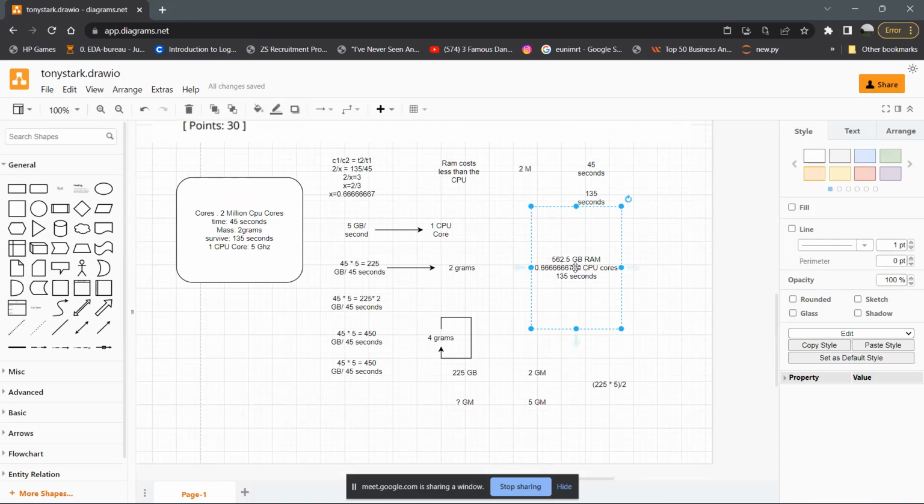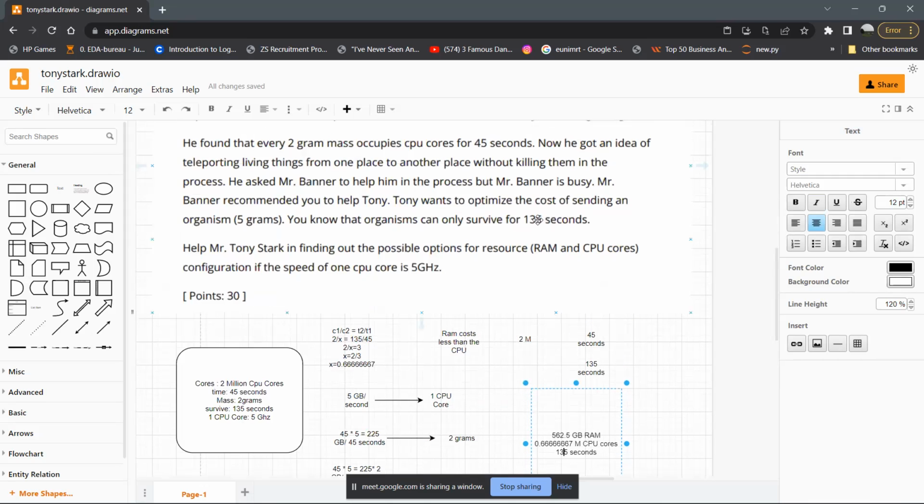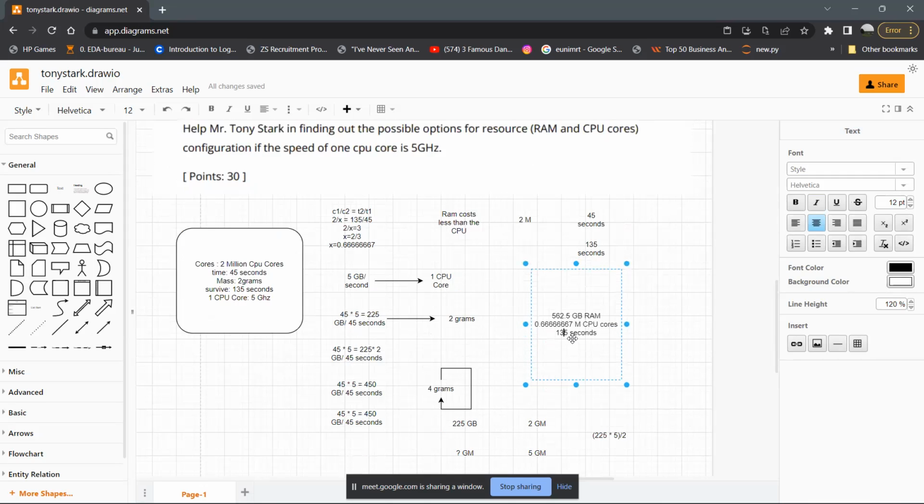Right. So now, this is good, but being on the edge is not a good idea. So either we can go to 130 seconds or something like 132 seconds.